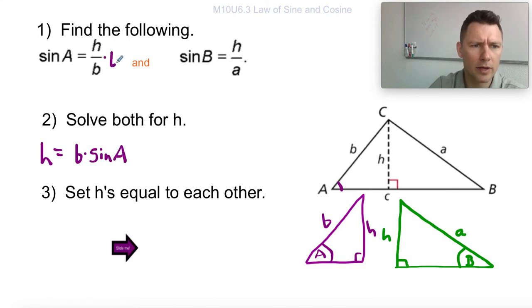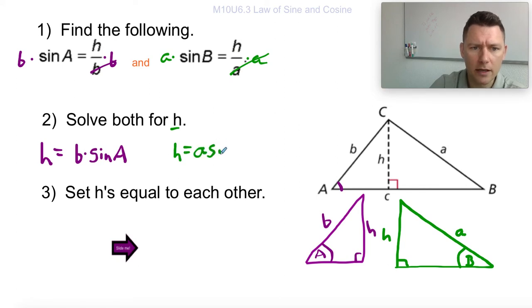We just multiplied by B, the B's cancel over here, and you get H is B sine of A. Let's do that on this side too. Let's solve for H over here. Multiply by A, these A's cancel, and you're left with H is A sine of B. Great, who cares?